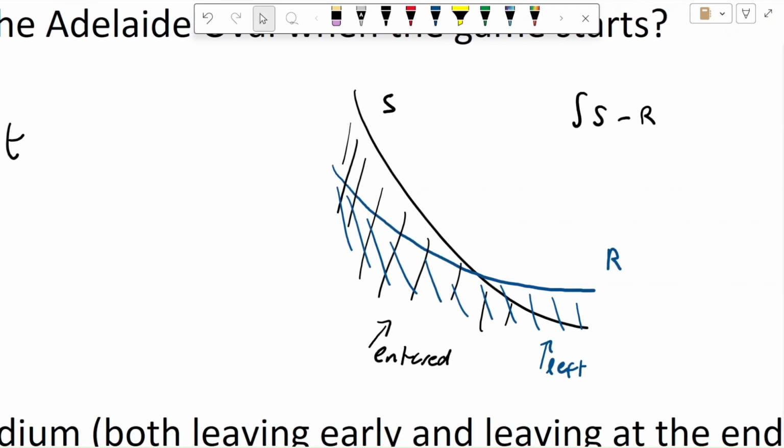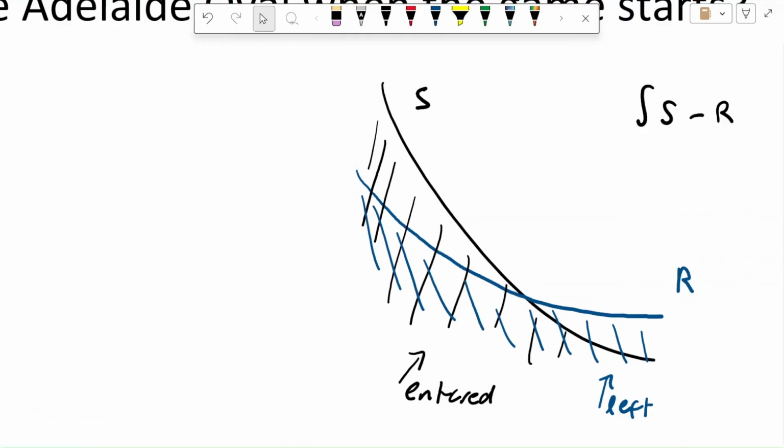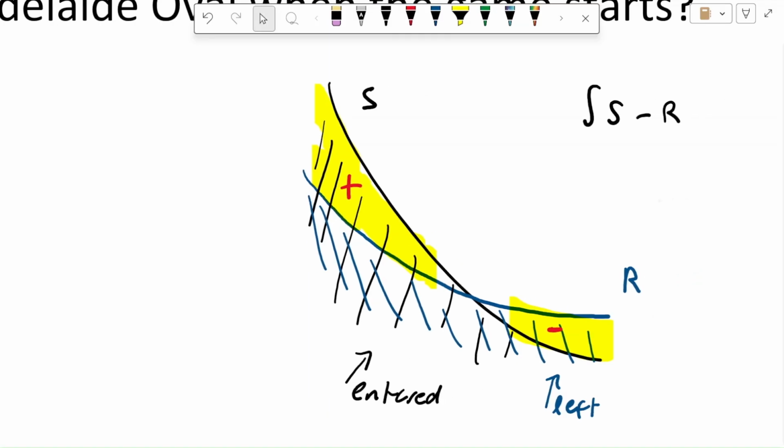So basically, when you work it out, the area that we actually want is that. And the other area that we want is that. But we do want to keep that positive, and that will end up negative just when we do S take R, because R was on the top in that last bit, it will come out negative.